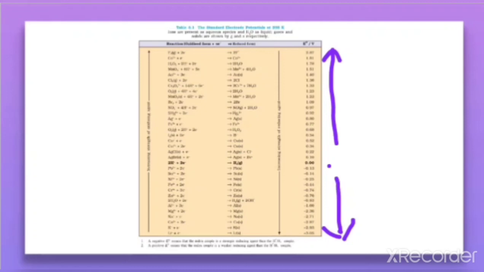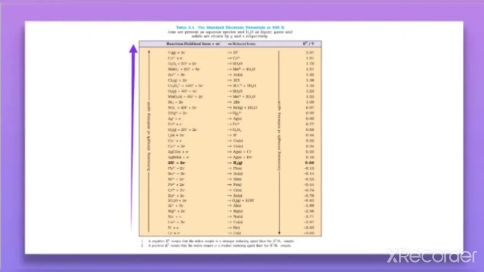In this series, the strength of the oxidizing agent increases in this direction. That means if the values are positive, or if there are greater E naught values, like here 2.87, 1.81, then the greater the value of E naught, the greater the strength of the oxidizing agent.